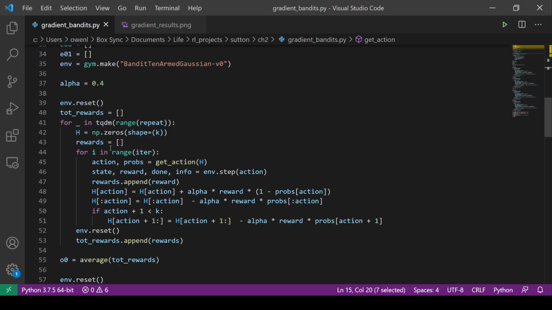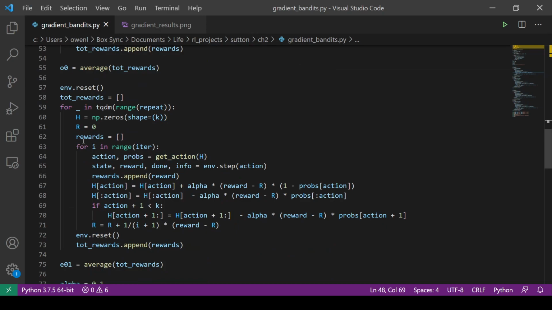There's no Q and there's no N. And so we have this H here, and we update the action according to that formula, and we update the actions not taken by the same formula given in the equation.